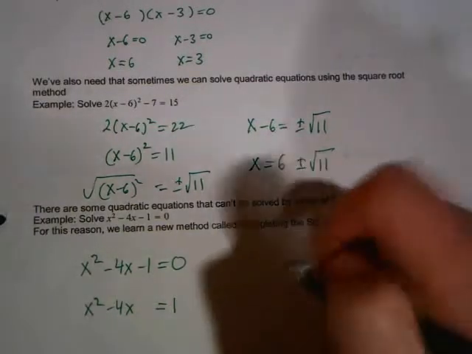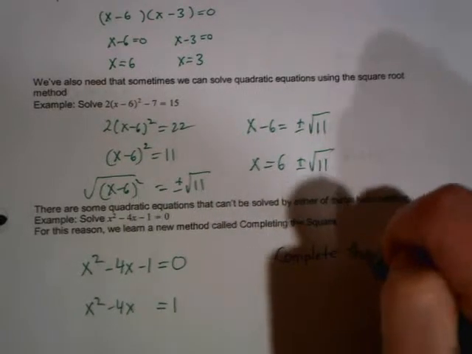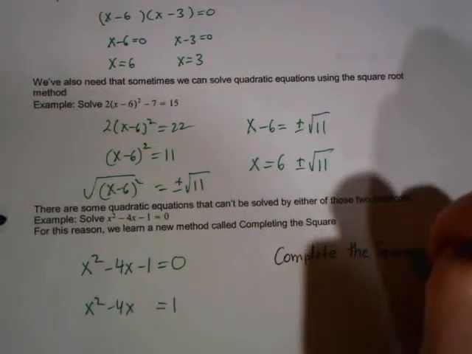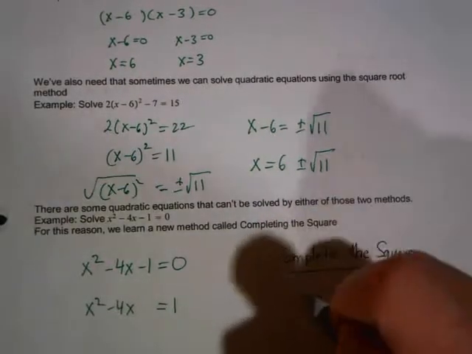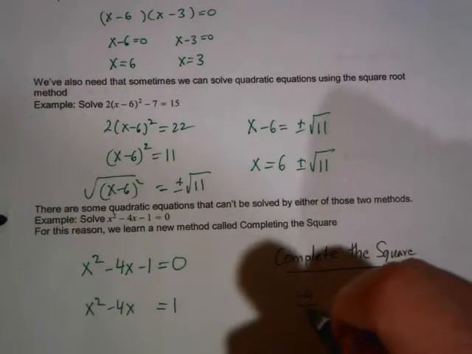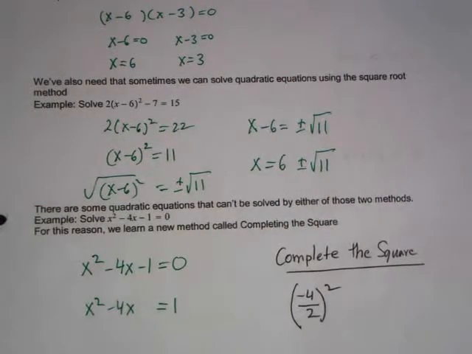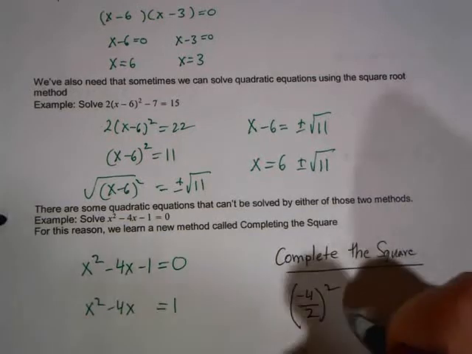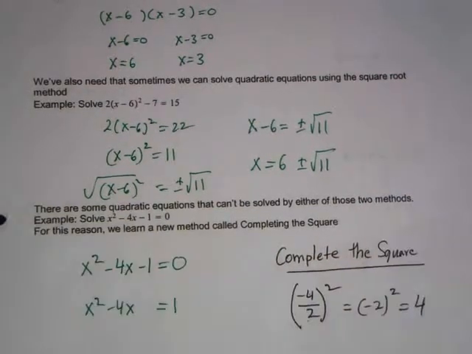To complete the square, we take this number right here, the negative 4. We divide it by 2, and then we square it. Negative 4 divided by 2 is negative 2. Negative 2 squared happens to be 4.